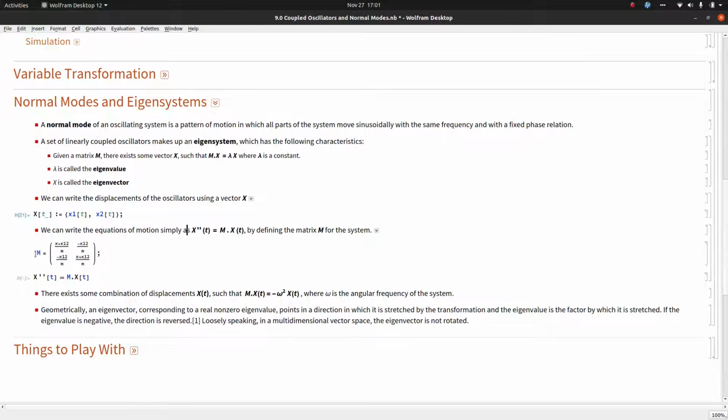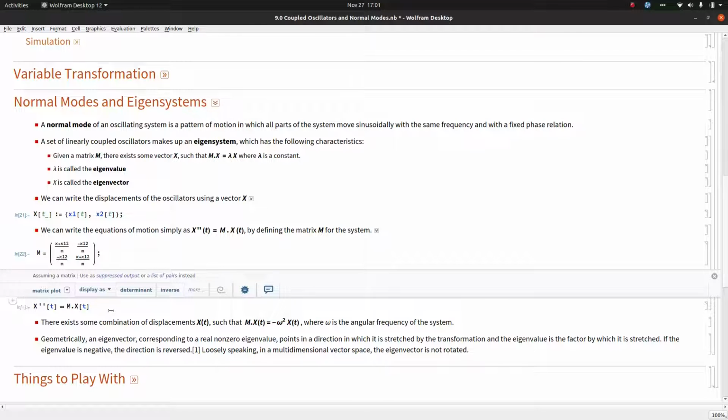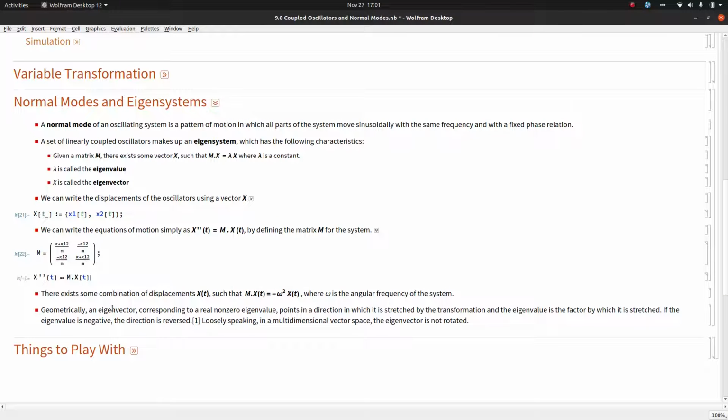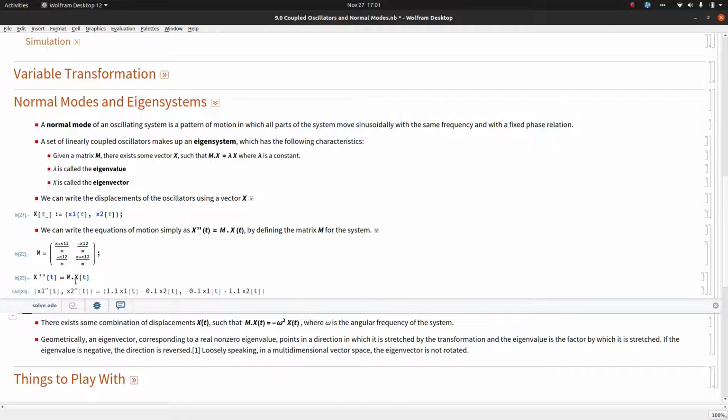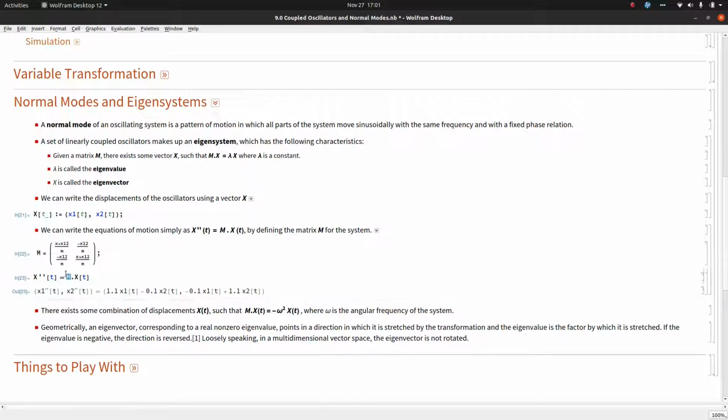In this case, the matrix is going to be equal to k plus k12 over m, minus k12 over m, etc. We're going to go ahead and evaluate that, and we'll write down the equation of motion, x double prime equals M x of t. Now, just a reminder, the M is the matrix here. It is not the mass.